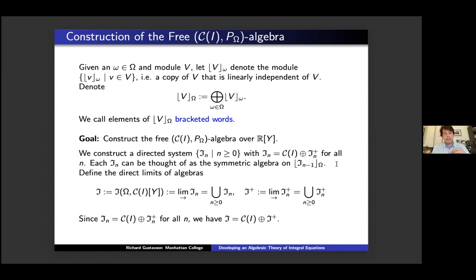But basically, we get this directed system, and then we're going to define I to be the direct limit of these I_n. And you notice, because each I_n is augmented in this manner, then I is also augmented. So we can write I_n as C of I direct sum I_n plus. Like this, I is C of I direct sum I plus. With this I, again, the definition here is very general, but we have some directed system.